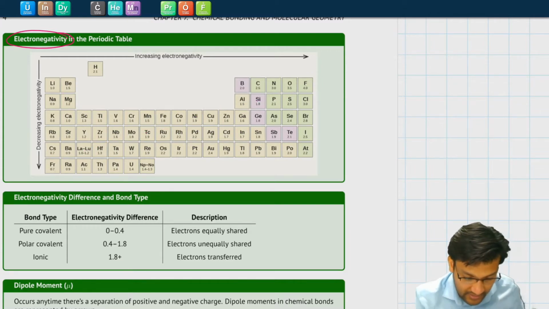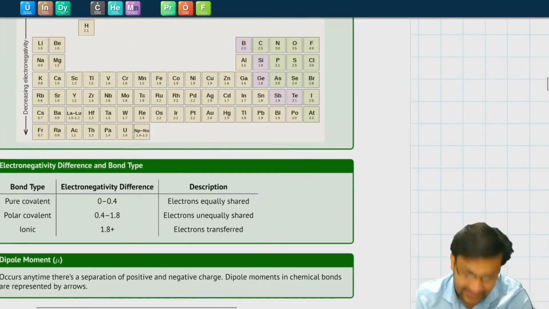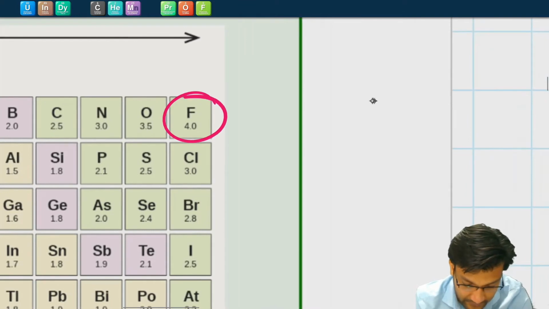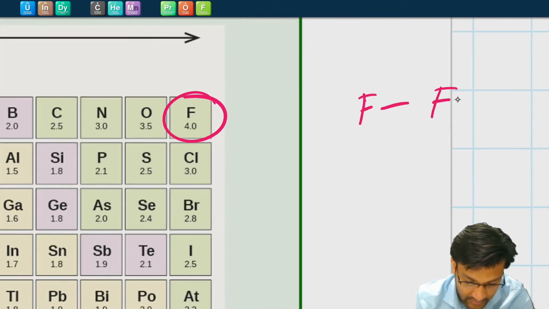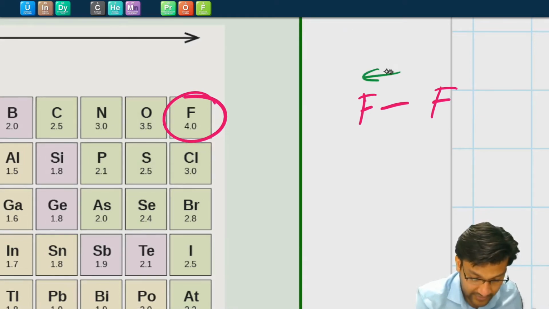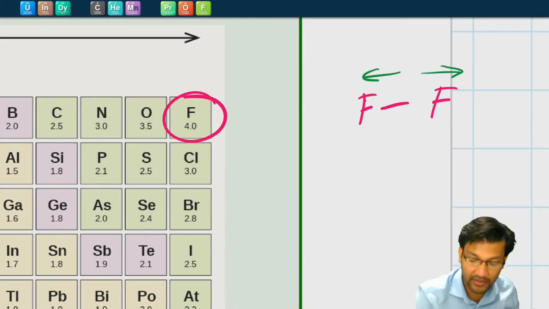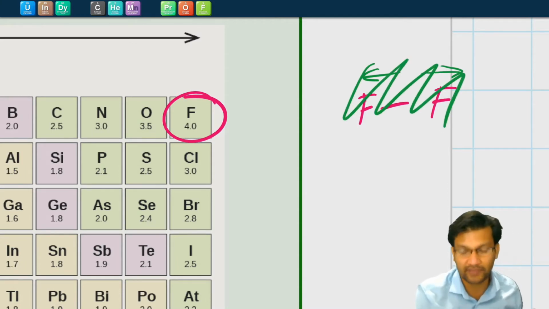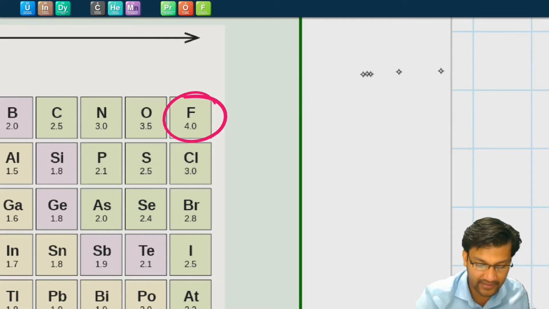So what's important is the difference in electronegativity value. If you have two fluorine atoms bonded to each other, they're going to be pulling on the electrons equally. Even though they pull very strongly on the electrons, they pull very equally, and so there's no unequal sharing of electrons there. You have two identical elements.